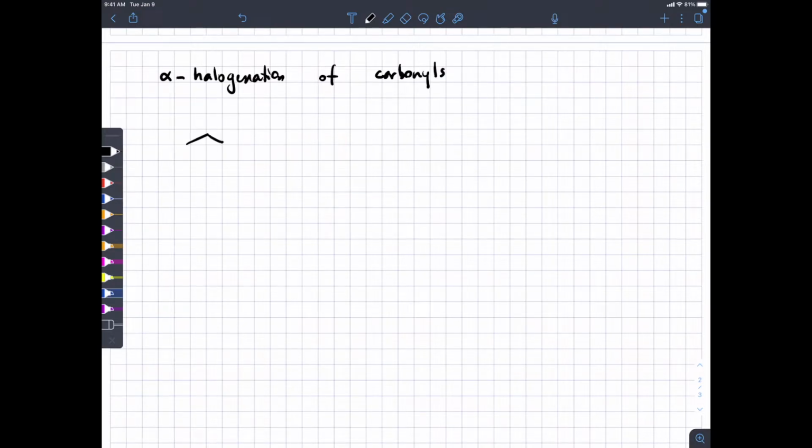Basically the idea is that you use bromine and then you need acid. Usually acid is present. This is acetic acid. This is both an acid for the reaction and solvent. And that will install one bromo group on the alpha carbon.